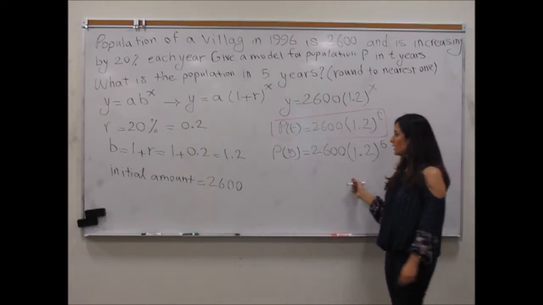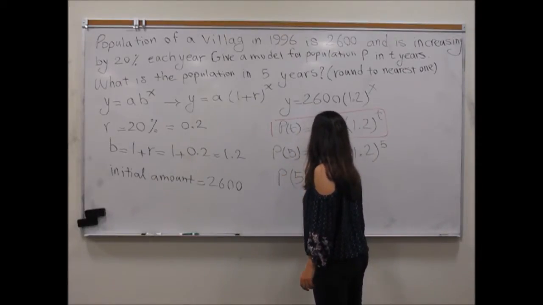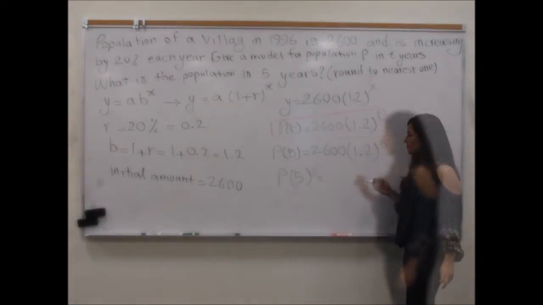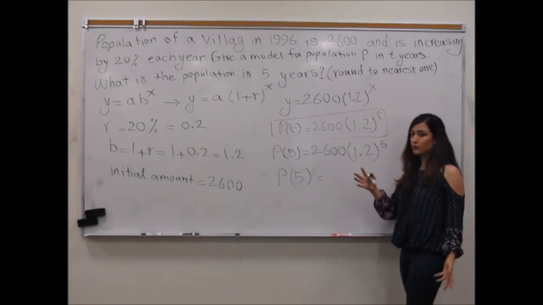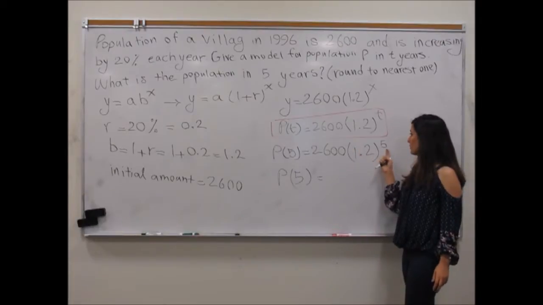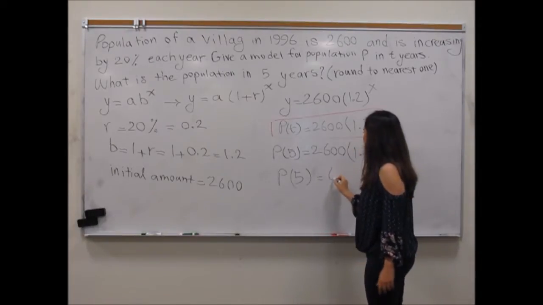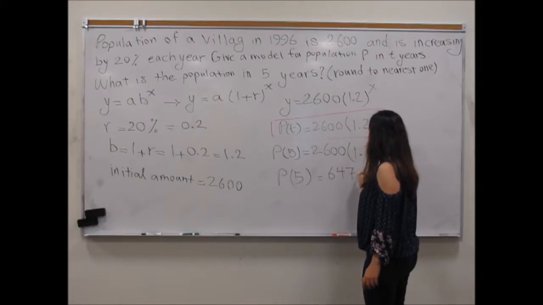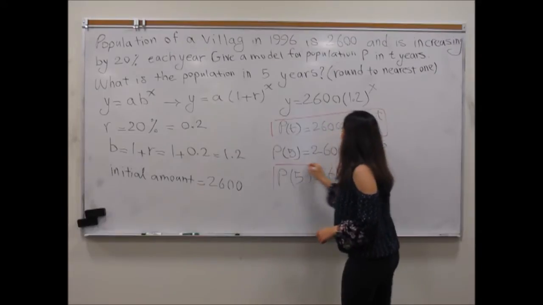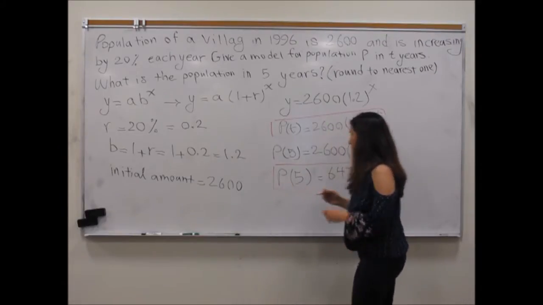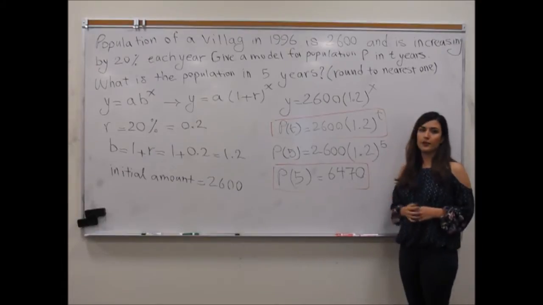So if you do that in your calculator and then round your answer to the nearest one, you're going to get 6470. So this is the population after 5 years for the second part.